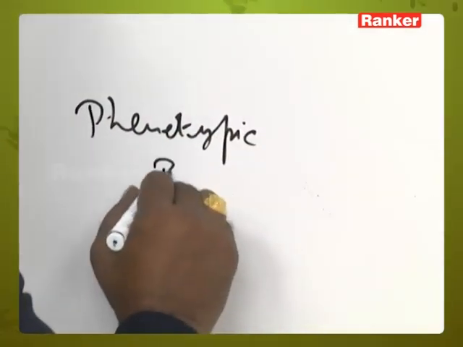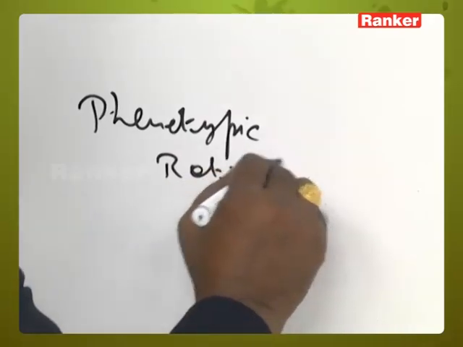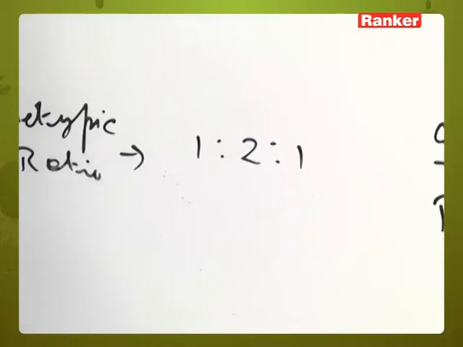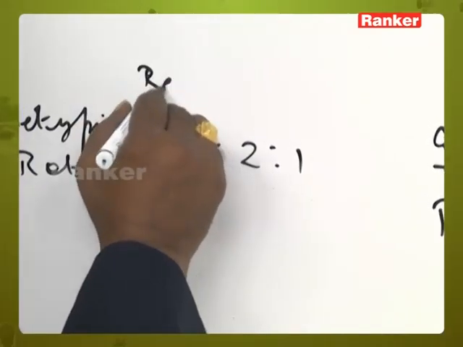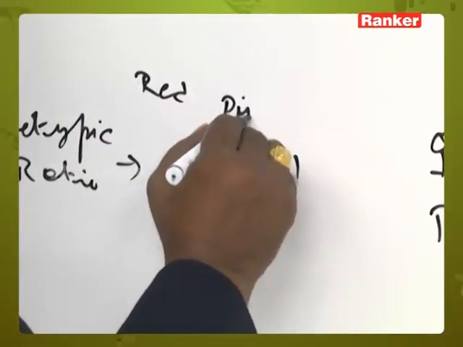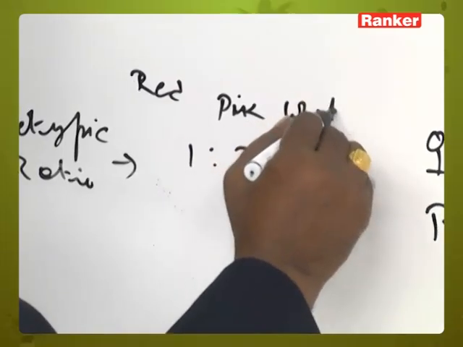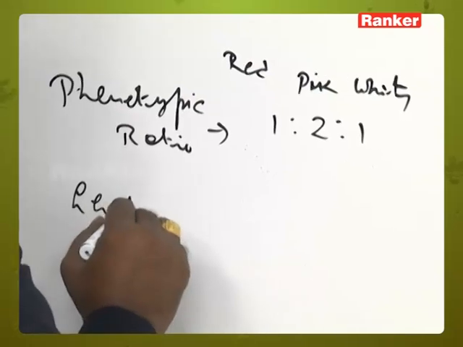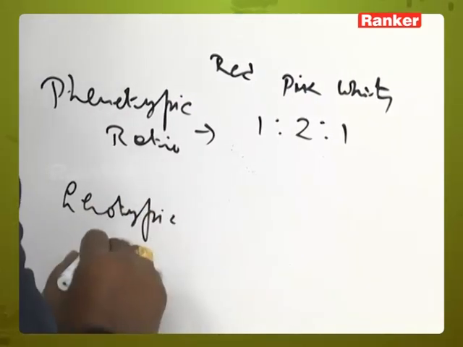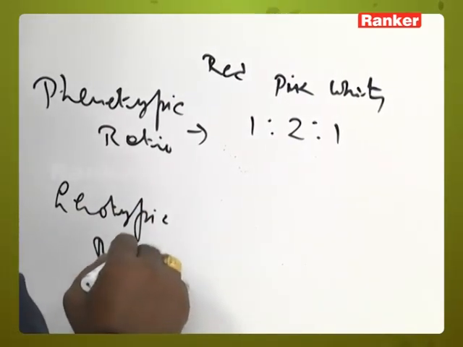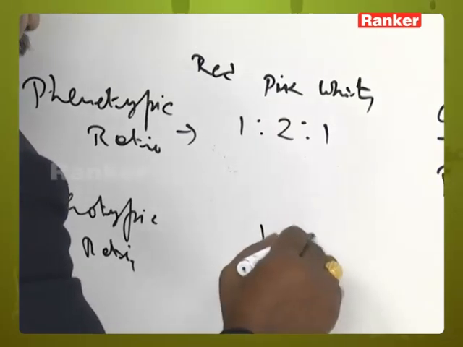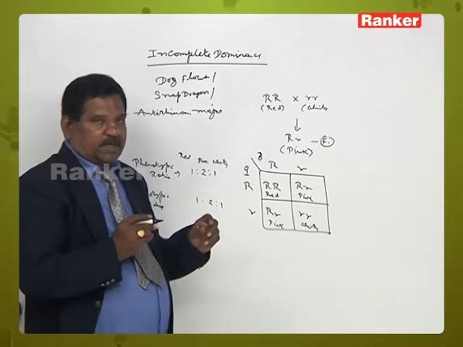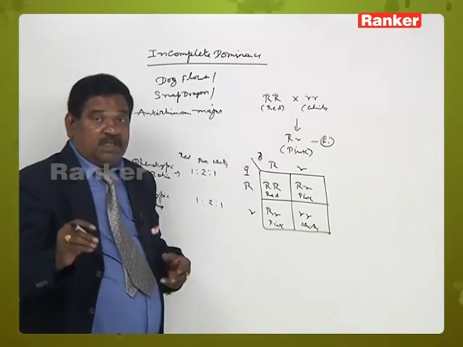So the phenotypic ratio is 1:2:1, that is red, pink, white. The genotypic ratio is the same, 1:2:1. Genotypic ratio and phenotypic ratio are both the same.